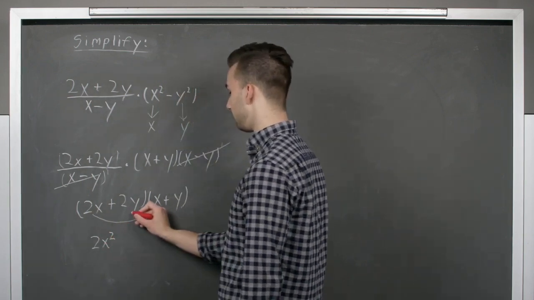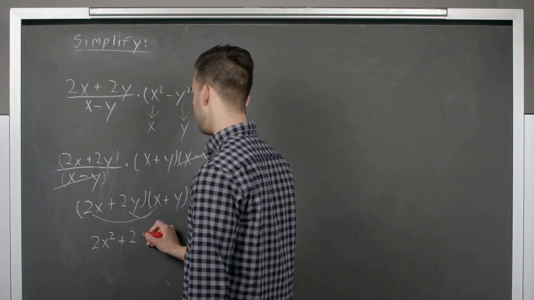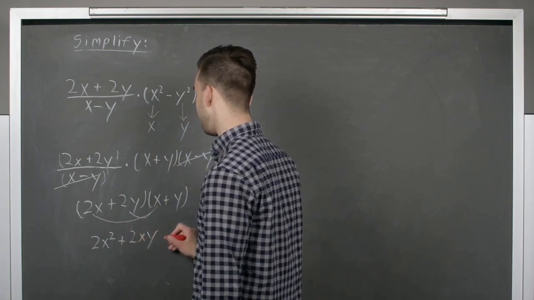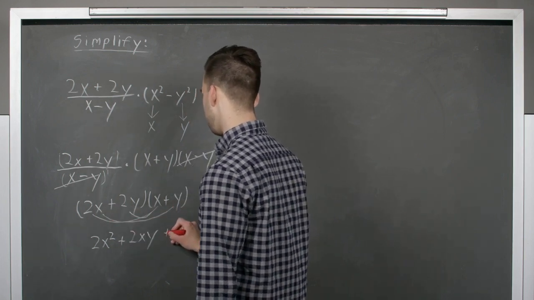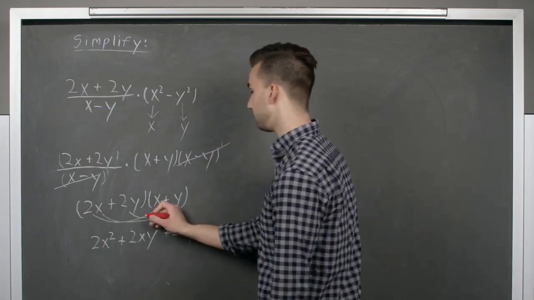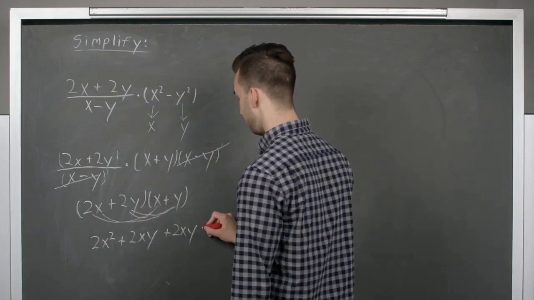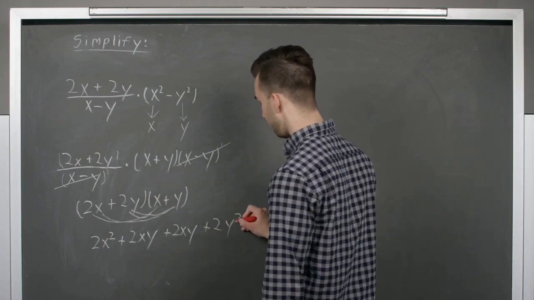And then we have 2y times x gives us plus 2xy. Now we have our 2x times y again, plus 2xy. And then we have our 2y times y, which gives us plus 2y squared.